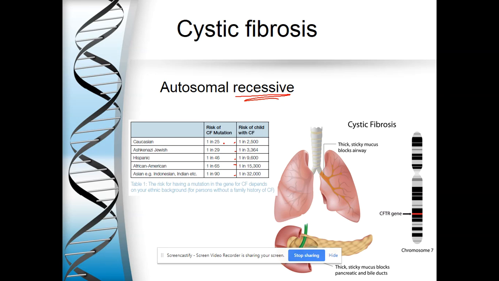So far more prevalent in Caucasians than in other groups, and it's a mutation on chromosome number 7, results in greater mucus being formed in the lungs. People start to suffocate from the inside. Also, there's more mucus in the digestive system. The pancreas, the bile ducts, and the liver can get clogged with all of this mucus.